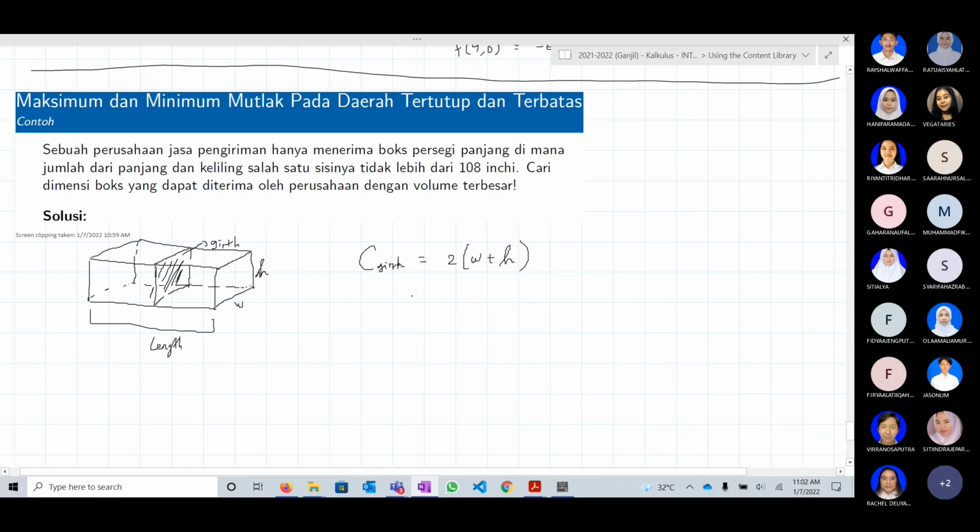Then in this case we have that length L plus 2W plus 2H is less than or equal to 108.